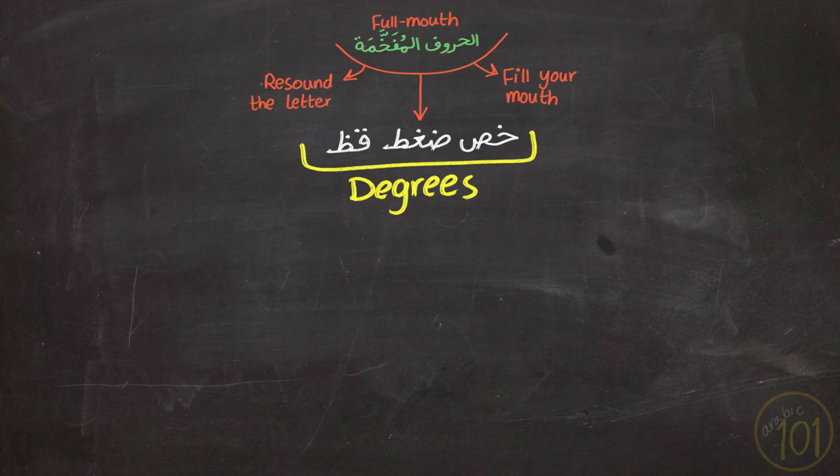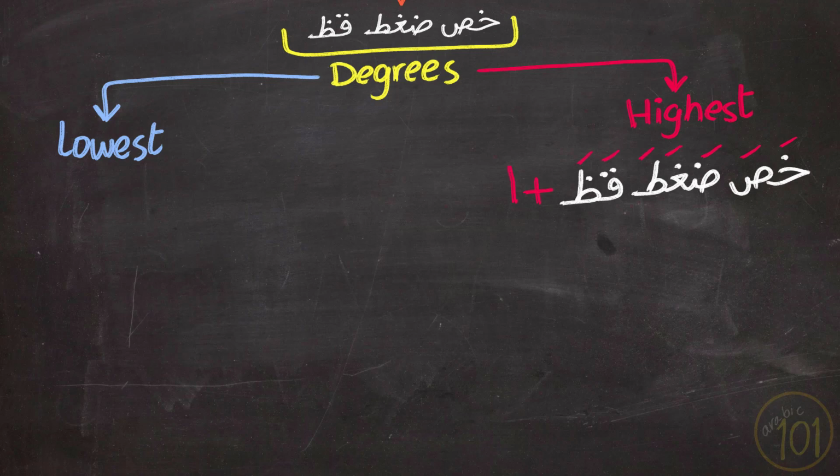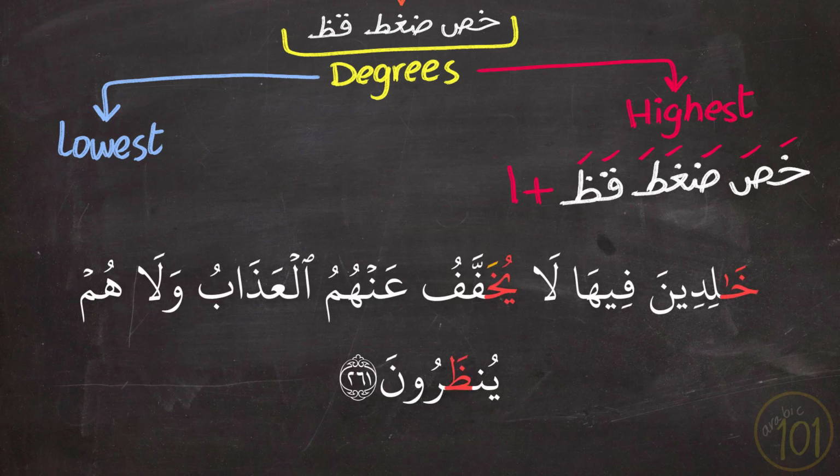This depends on which letter follows them in the word and what kind of vowel they have. I'm going to highlight the highest and lowest degrees of full mouth letters, since they are the clearest and most important to know. So the full mouth letters have the highest degrees of full mouth when these letters have fatha and or are followed by an alif, like in these examples.